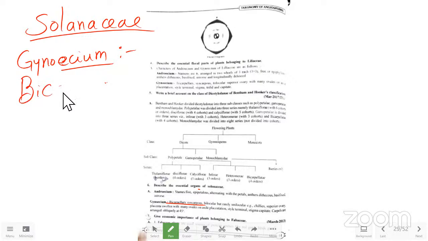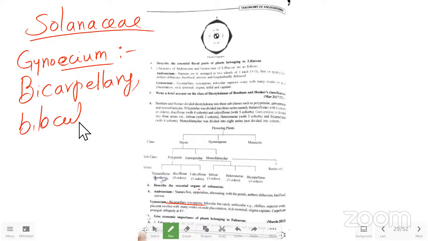The ovary is bicarpellary, bilocular, only 2 locules, or trilocular.